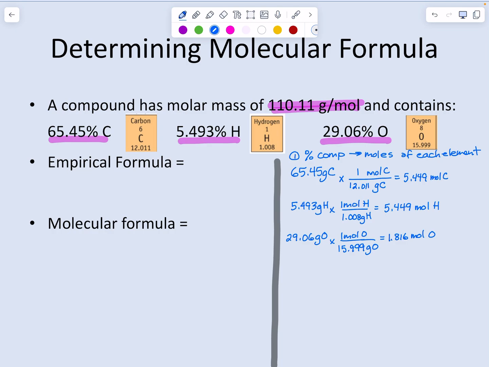All right, so I know how many moles are there. What's the next thing I need to do? Well, I'm at one of the several points where my goal is to get to integers, right? Absolutely.